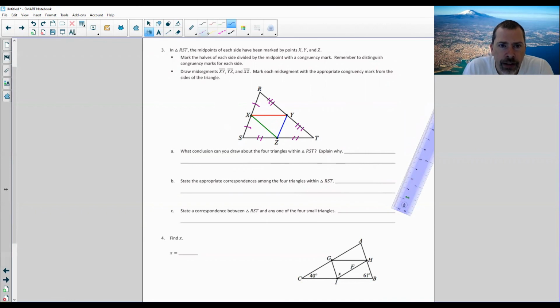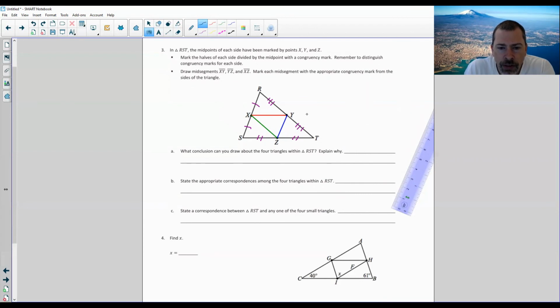So if you look at this and think about all the proofs that we know now, we have this segment, which is half of this segment, and the green one is half of RT and the blue one's half of RS, then this little triangle will be half of the RST triangle.